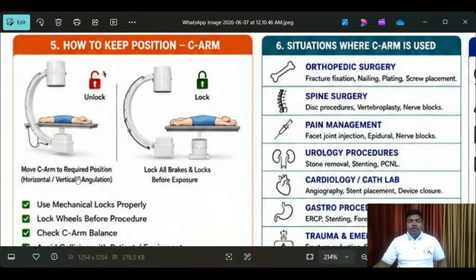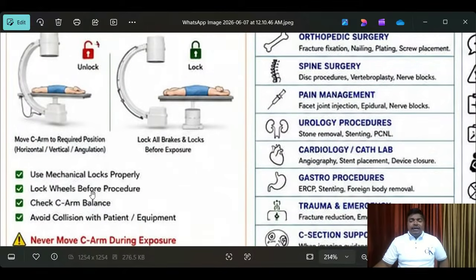See, move the C-arm to the required position, horizontal, vertical, and angulation, and lock all brakes and lockers before exposure. See here, 360 degrees is not possible. You can keep 90 degrees, or otherwise the remaining degrees, you can keep angular phases, depending on the requirement. The doctor will decide. Use mechanical locks properly, lock the wheels before procedures, check the C-arm balance, and avoid collision with the patient's equipment.